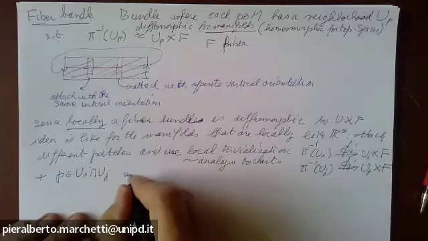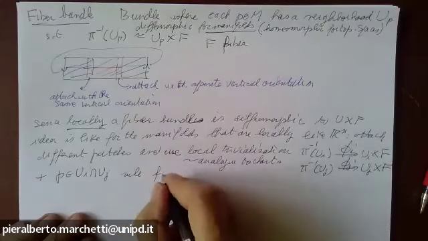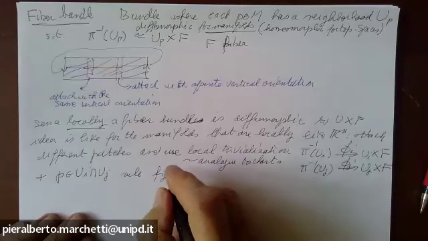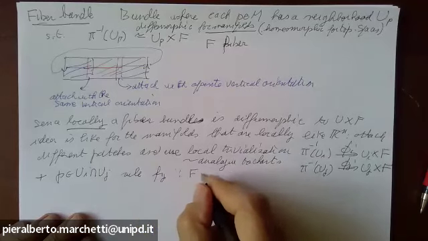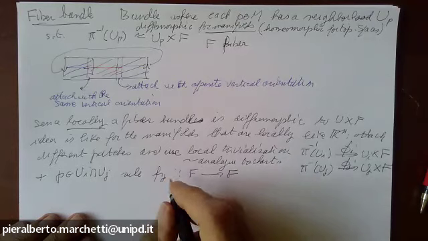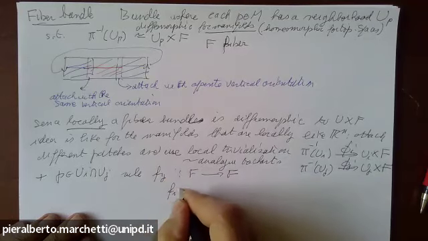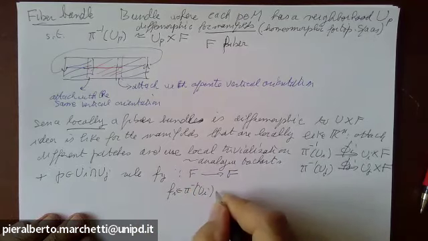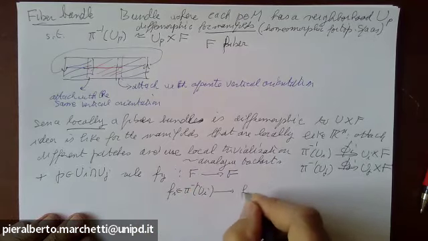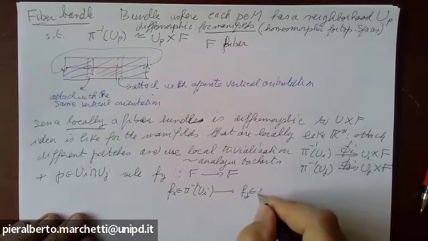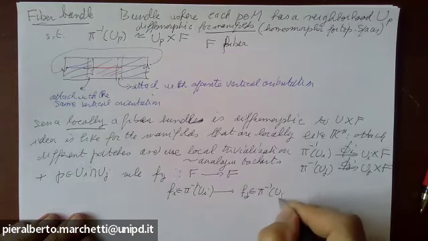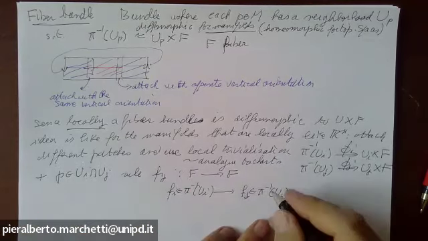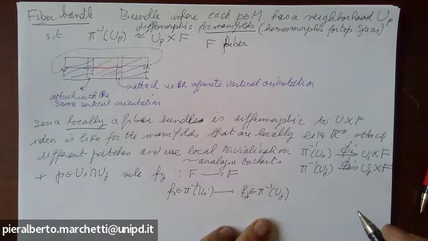You give a rule, let's call it Fij, which sends the fiber Fi, above pi minus 1 of Ui, to a fiber Fj, which is in pi minus 1 of Uj.